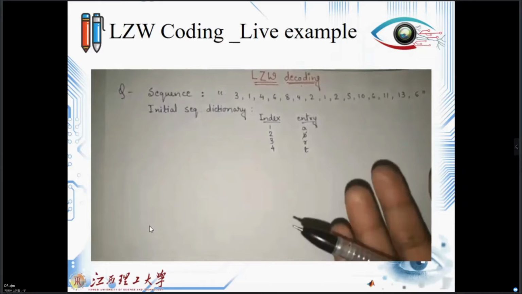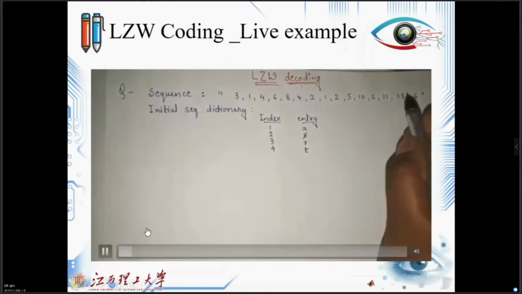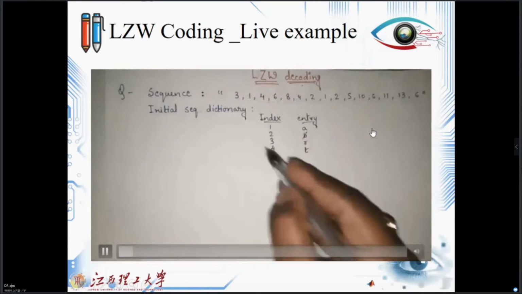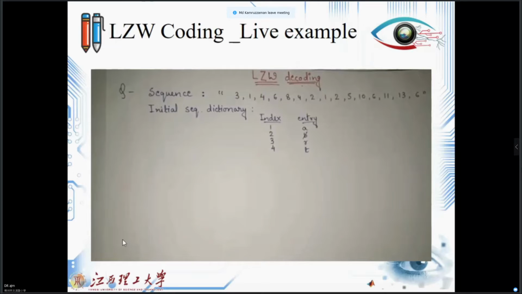Suppose here we have the sequence between, as I shown here, 3, 1, 4, 6, up to 6, an initial dictionary that it give us means that the initial dictionary is, let me, she's talking more actually. Some initial dictionary we have with the index and entry. Okay, we have index of 1, which is related to A, 2 to the B, 3 is related to R, and 4, which is related to the T. We are going now to calculate this.